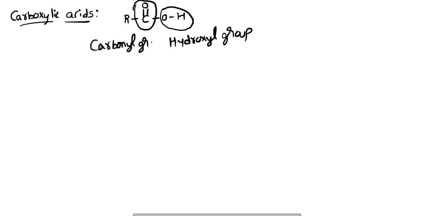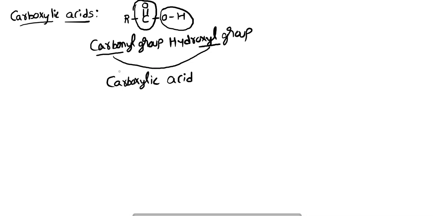So in this so-called RCOOH, we have a carbonyl group and we have a hydroxyl group. So they mixed these two names as carboxylic acid. I hope I'm clear up to here. So we call them carboxylic acids, which means it possesses both the carbonyl group as well as a hydroxyl group.